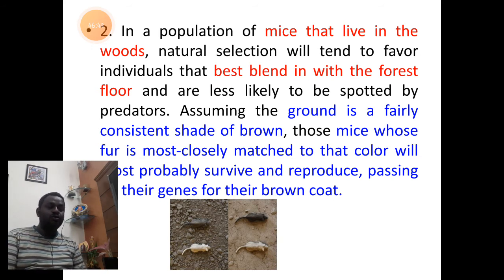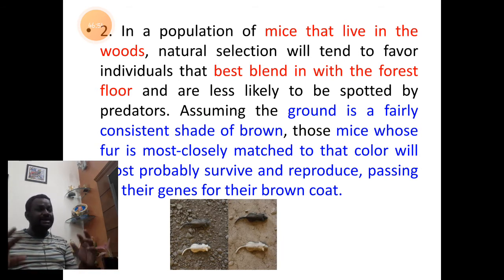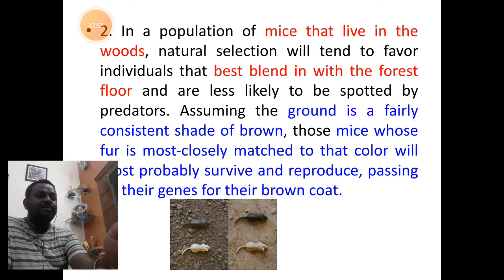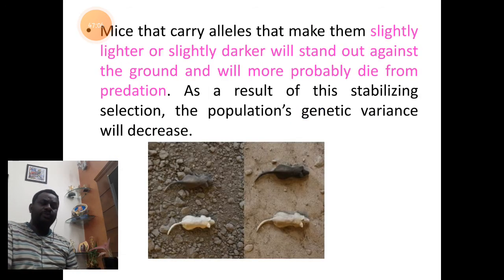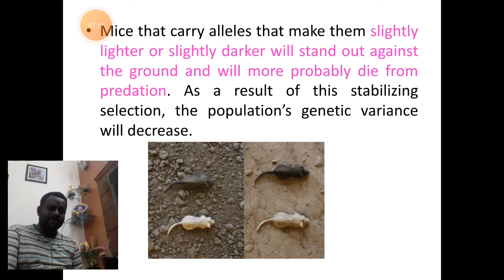The second example is related to the mice population that lives in the woods or forest. Here, the dark ones and light ones are not selected. Intermediate ones, which blend much with the environment, are selected. So this is again related to stabilizing selection. Mice will carry alleles that make them slightly lighter or slightly darker.